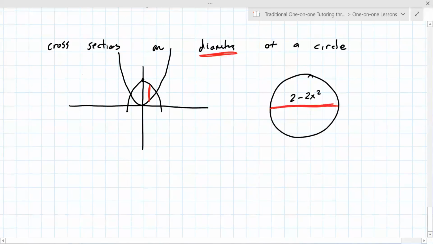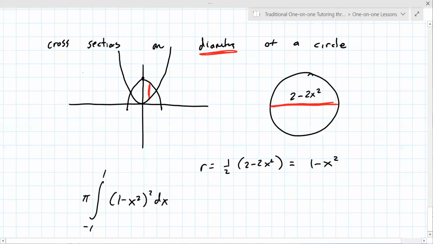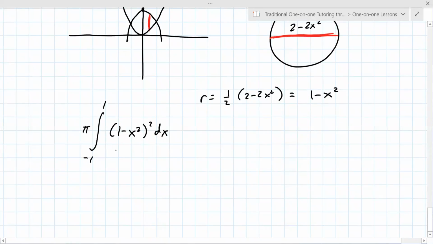And since you really want the radius, it's going to be 1/2 of that. Your integral goes from -1 to 1 of pi times your radius function squared dx. Okay, so that's 1 minus 2x squared plus x to the 4th. Then your antiderivative.